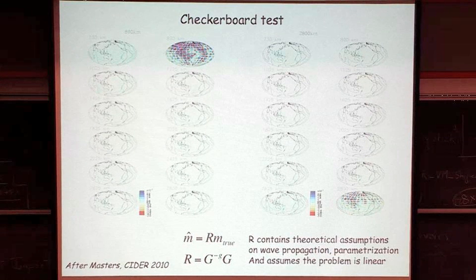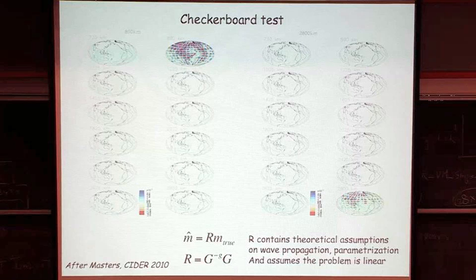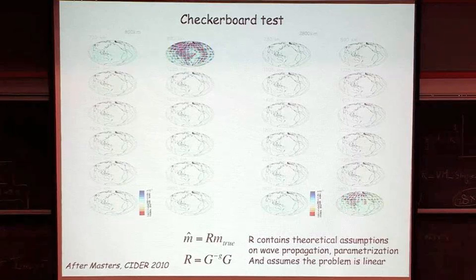If you want to know the velocity anomaly in some particular place, you probably have to go to this type of parameterization. On the other hand, if you want to observe properties of a system that's very much wavelength dependent, then working in wave number space may be more appropriate.